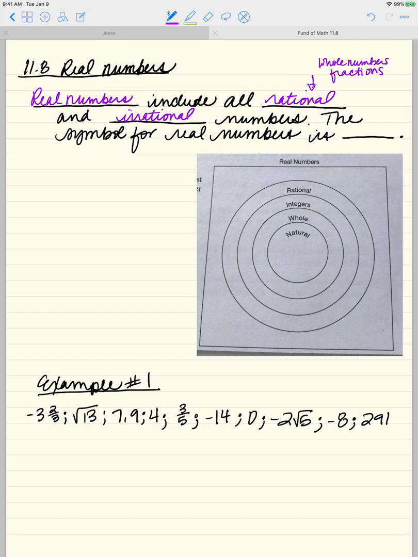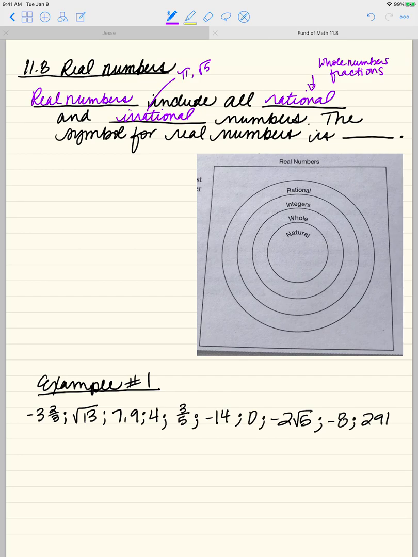Irrational numbers are non-repeating, non-terminating decimals like pi, or the square root of something that is not a perfect square, like the square root of 5, a decimal that just goes on forever and doesn't have any sort of a pattern, okay?